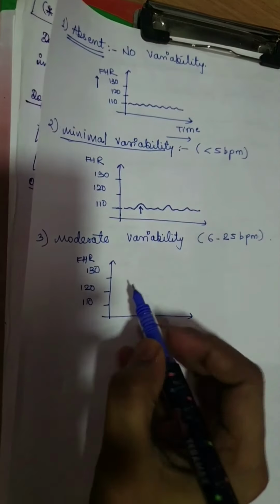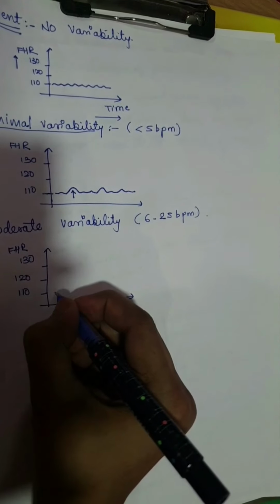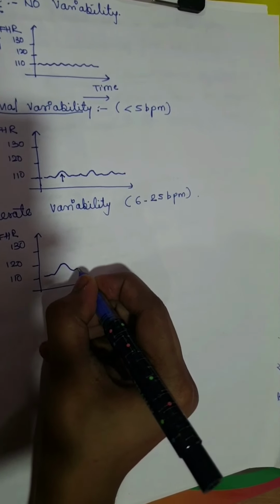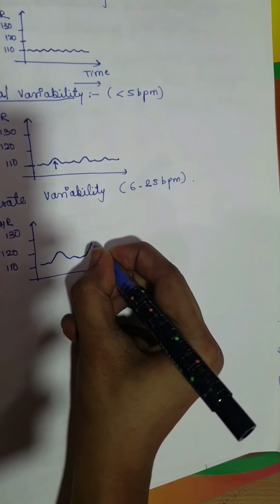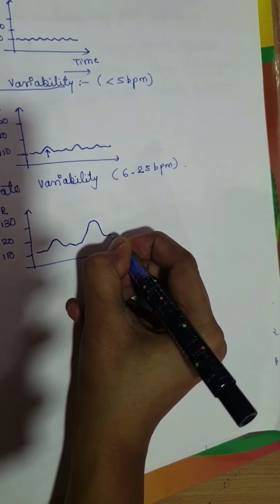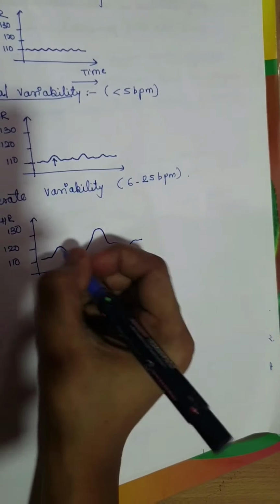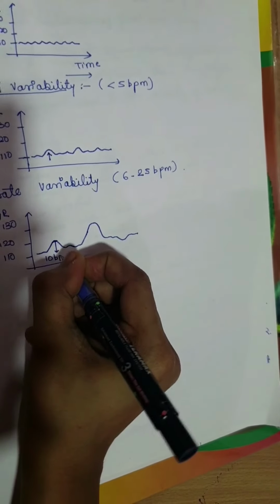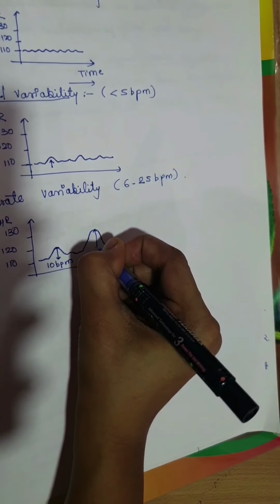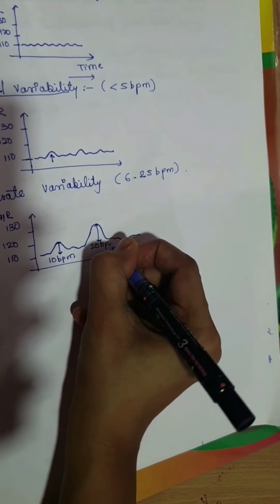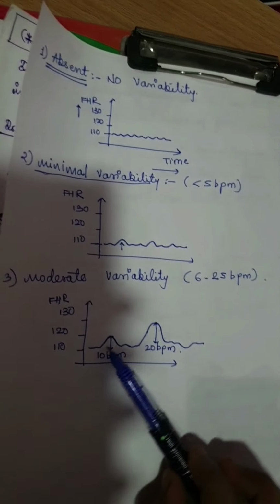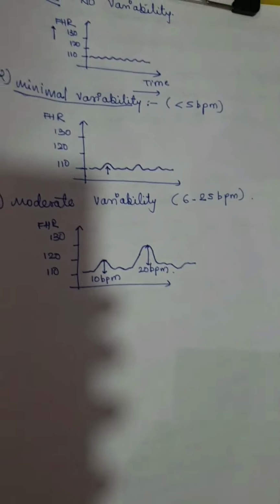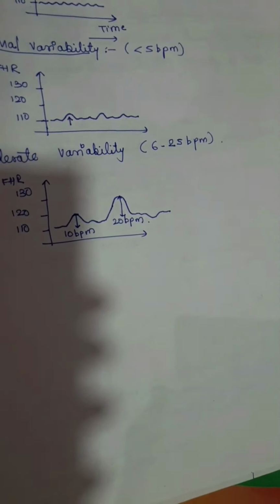Now we have seen the baseline is around 110. This will be the variability. What is the variability over here? It is 10 beats per minute. And here we could see it is 20 beats per minute. The fetal heart rate has increased by 10 beats per minute or 20 beats per minute.